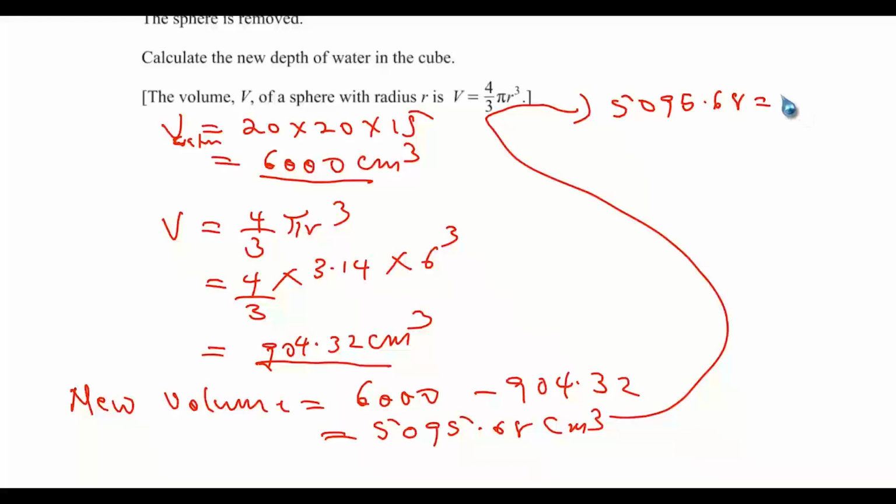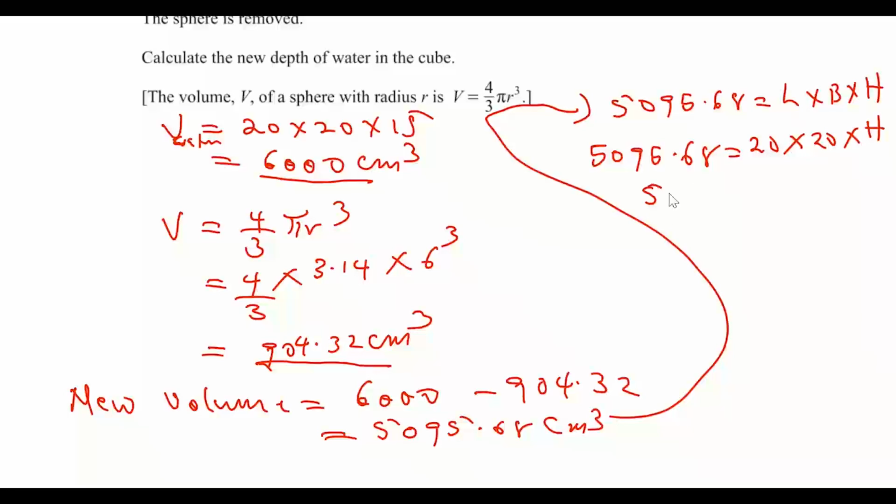So we can have this 5095.68 to be equals to length times breadth times height. So we're going to have 5095.68 to be equals to the length remains 20 and the breadth remains 20. And we want to find the height, which is the new depth.